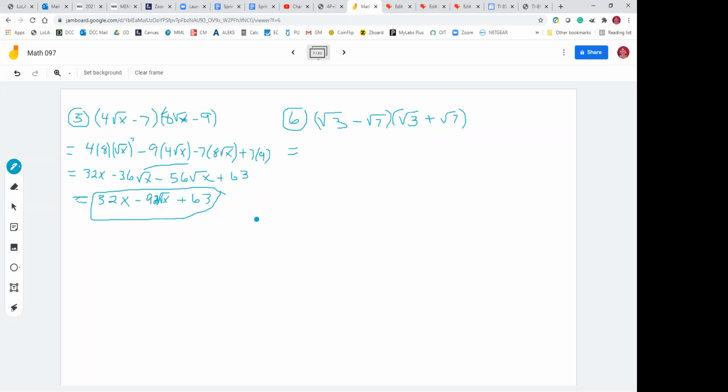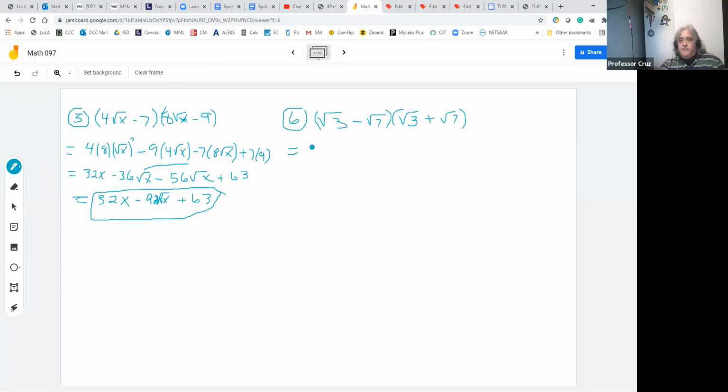Well, the last one I got was -4. All right, let's see now. I'm going to take the shortcut here. Also, when we come back, this is going to be an important tool. These are what we call conjugates of one another. Remember, they were called difference of squares in chapter 5.